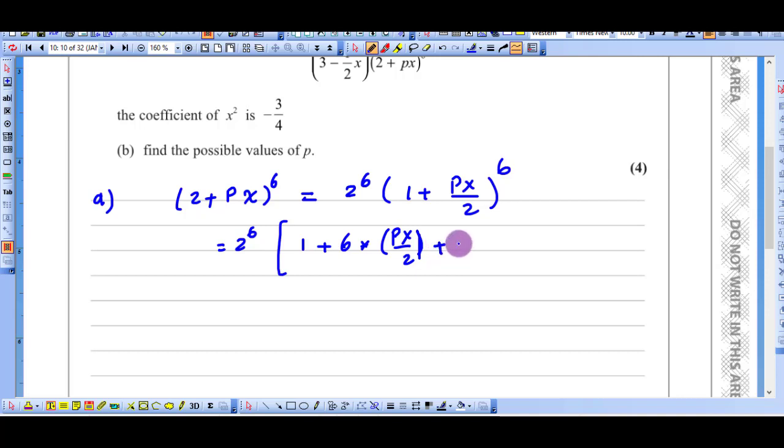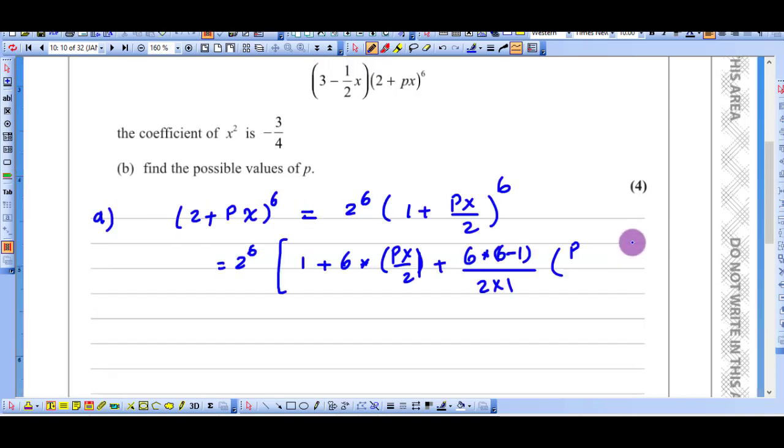And then plus n multiplied by n minus 1 divided by 2, multiplied by bx divided by 2 squared. 1, 2, 3, so 3 terms. So it's equal to 2 power 6.